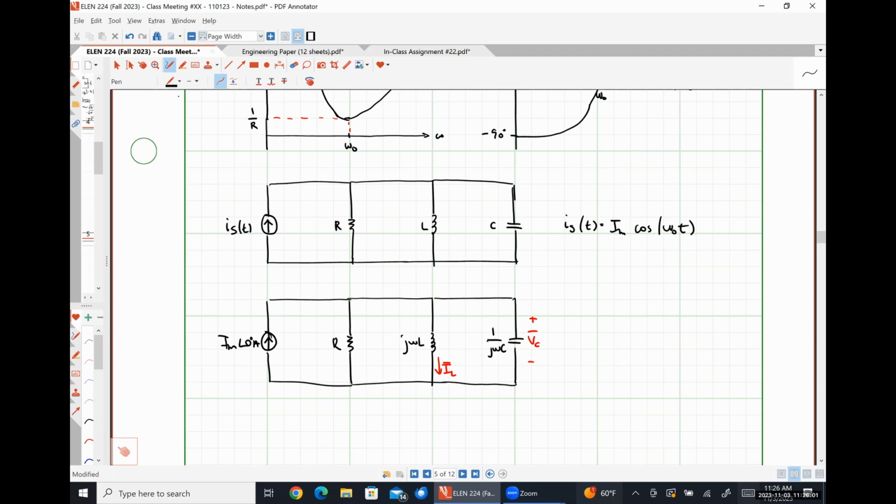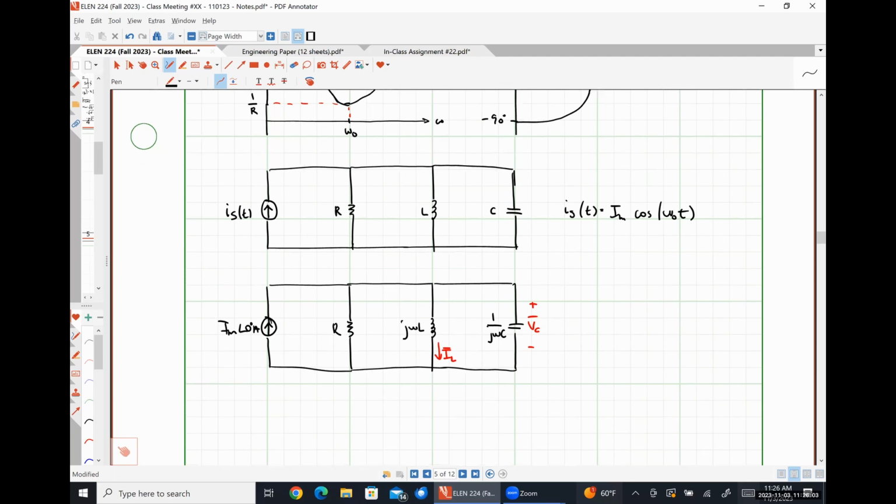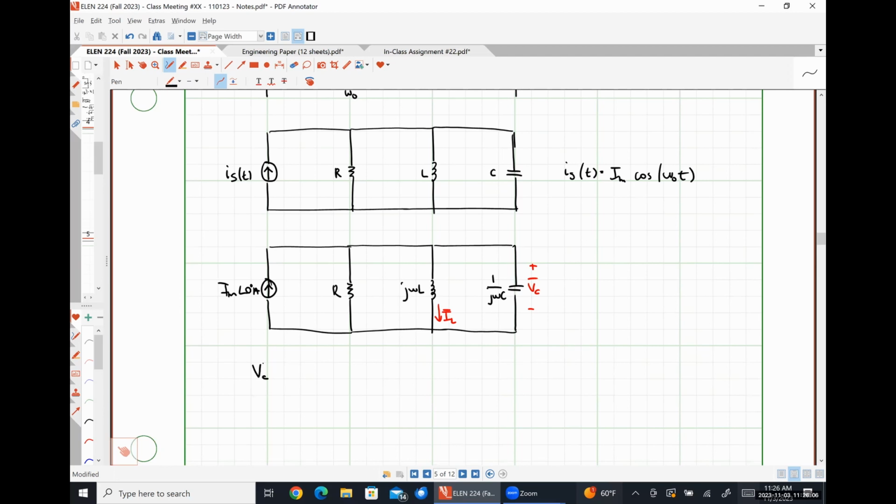And so we should see very easily that V_C is just I_S times R, which is going to look like R times I_M with a phase angle of 0 degrees. And therefore, our capacitor voltage as a function of time is going to be R times I_M cosine omega naught t, measured in volts.